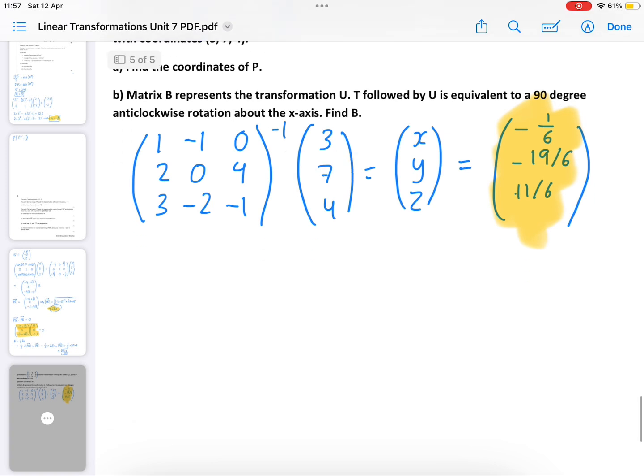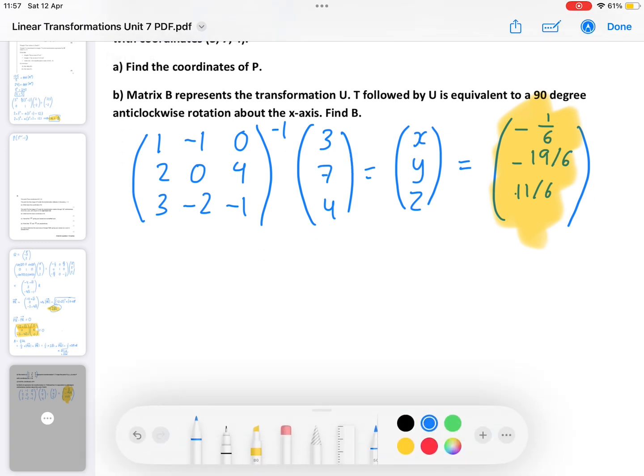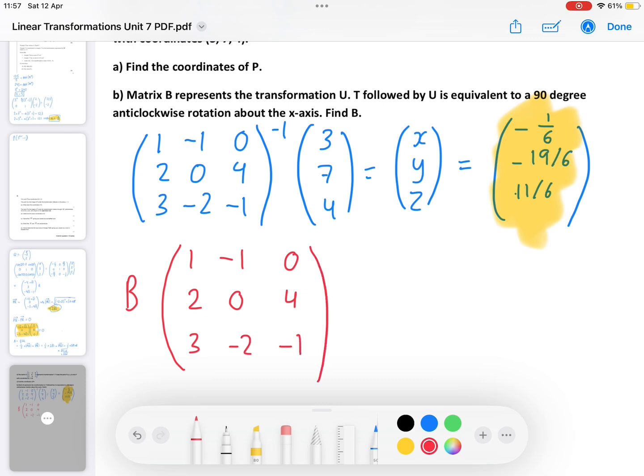So T followed by U is equivalent to a 90-degree rotation. So that means that U has to come first when we're multiplying the matrices. So it's going to be the matrix B times by the matrix A equals, and then the matrix for a 90-degree anti-clockwise rotation about the x-axis.